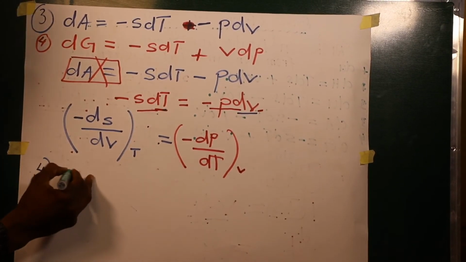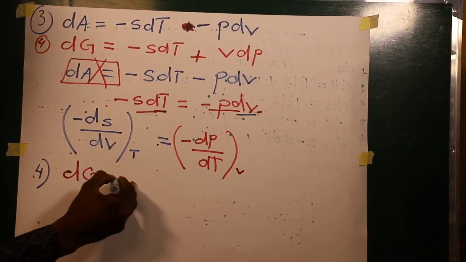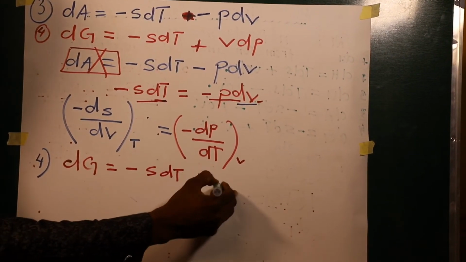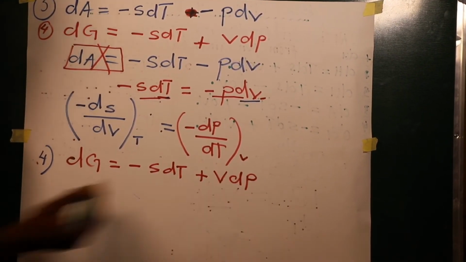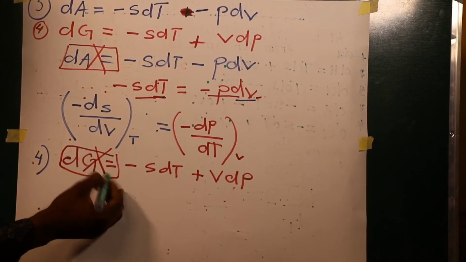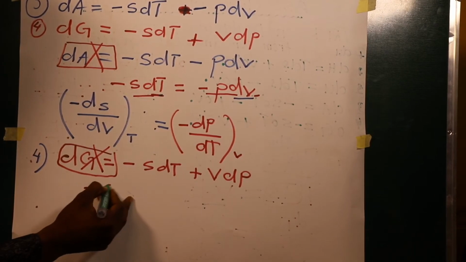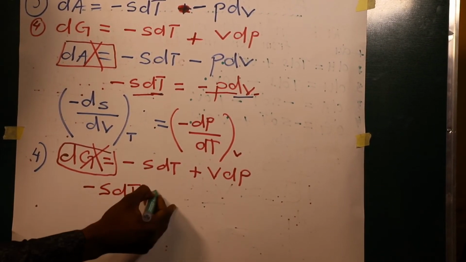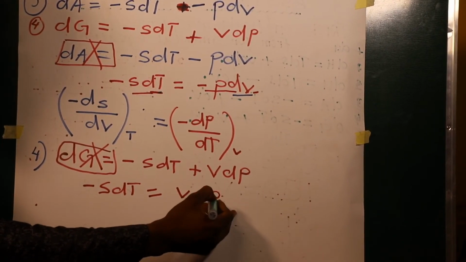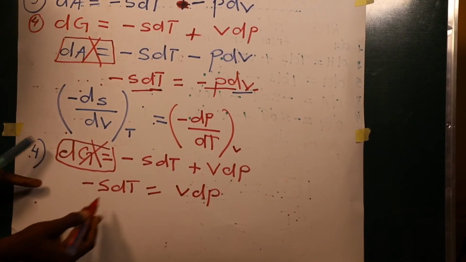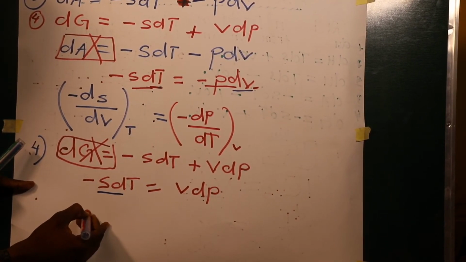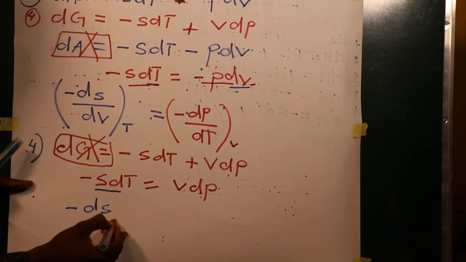Let's see number 4. Number 4 says dG is equal to minus SdT plus VdP. So the first step, cross out dG and the equality sign. Bring down the remaining part, minus SdT, then put an equality sign, then VdP. So now the second step is we take the first two variables in the first part of the equation, that is minus dS.